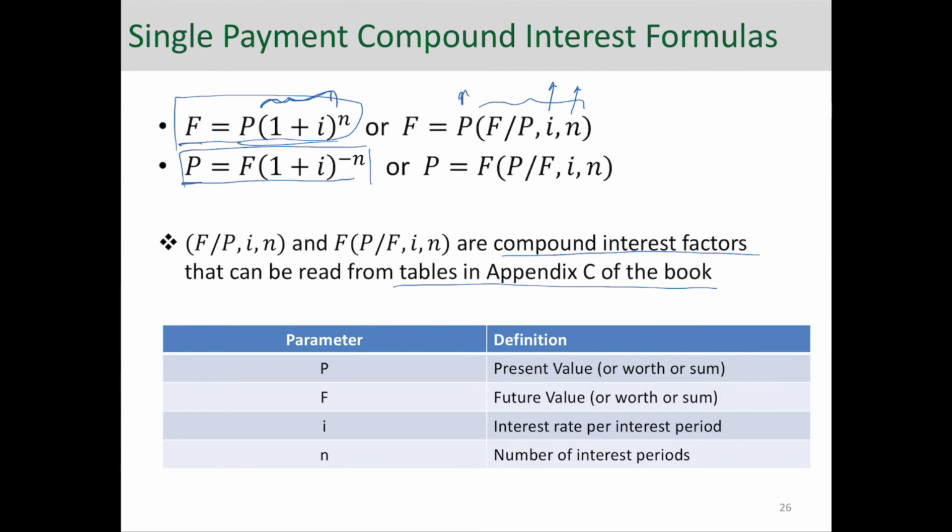If you have the P, you can always read these factors from the table or use the formula, replace I and N, and both ways you can find out the future values and present values. Again, these are the definitions of present value, future value, interest rate, and number of periods. That was our lecture about compound interest rate.